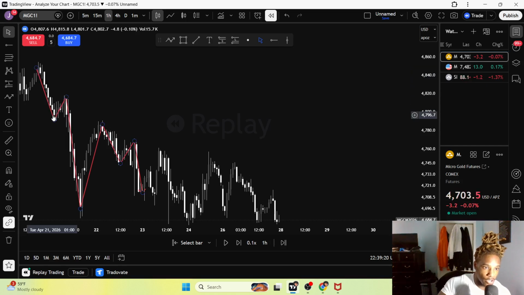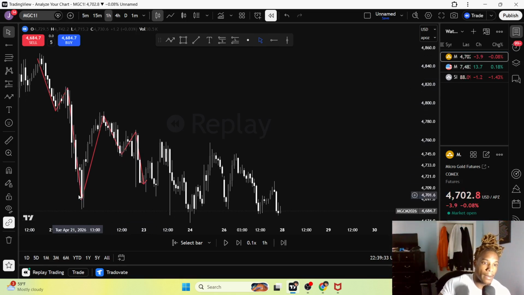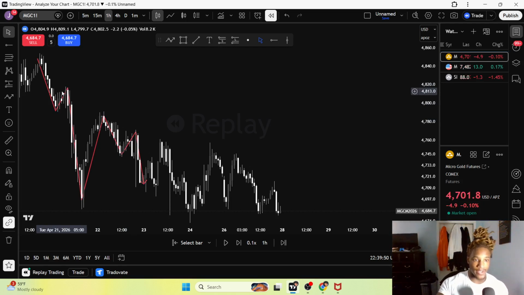Came down, lower low, came up, a lower high, came down, lower low. This is a lower low because this low is lower than this low, right? Cool. Market came up, it created a lower high. This high is lower than this high. Before this high, guys, this was the most recent high, and that's what you want to base your trend off of, the most recent high.